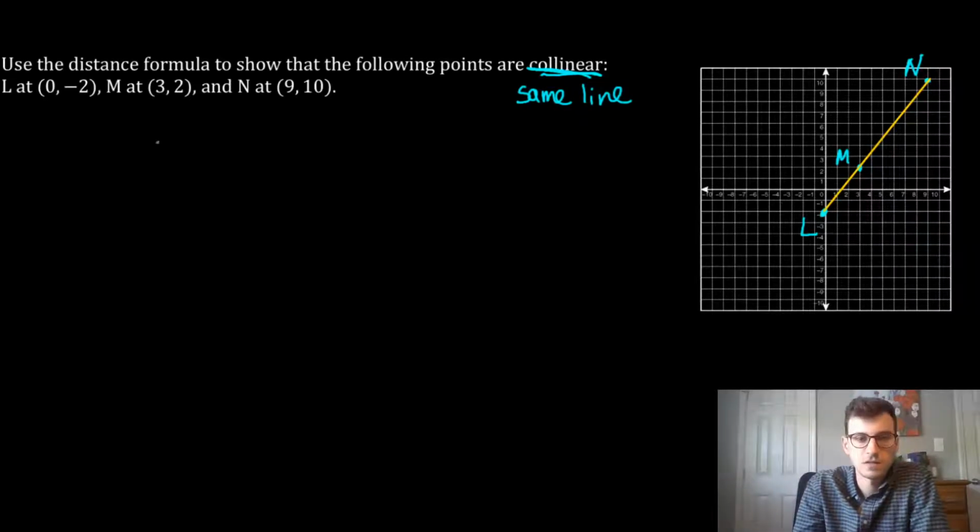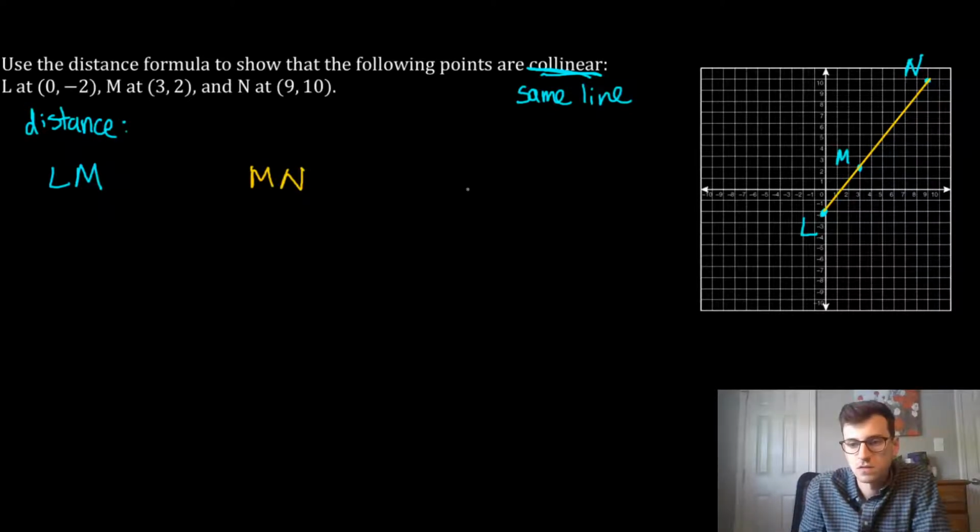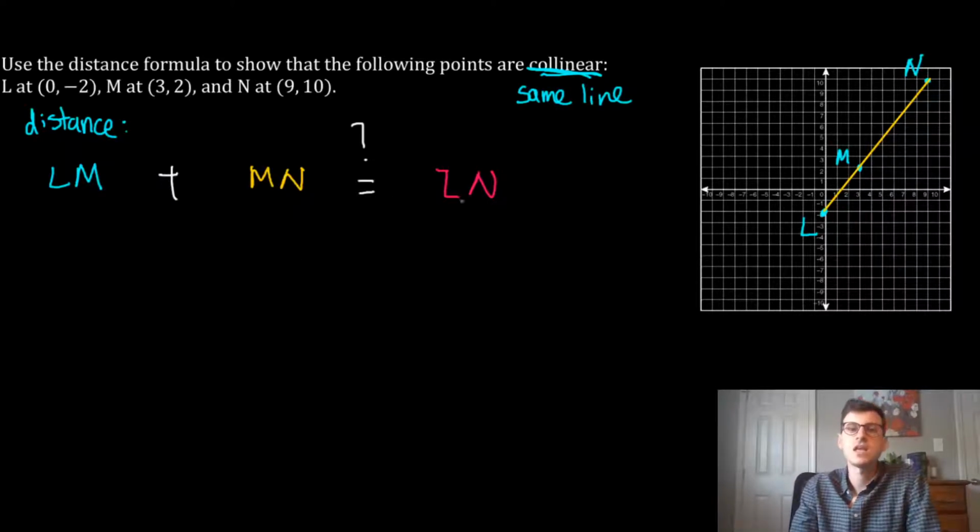I want the distance for LM, MN, and LN. If this distance plus this distance is equal to that distance, then we are good to go. So that's what we're trying to see. Does LM plus MN equal LN?